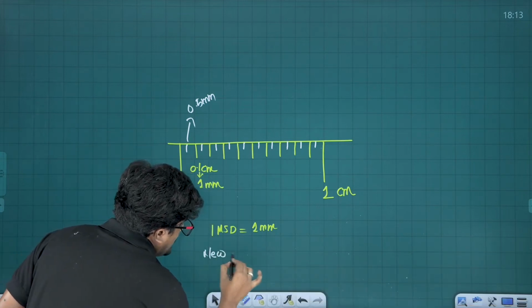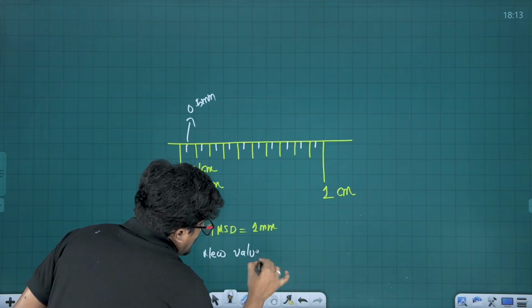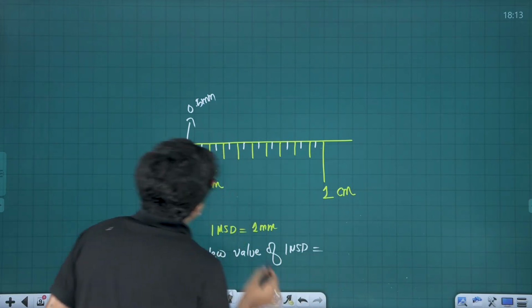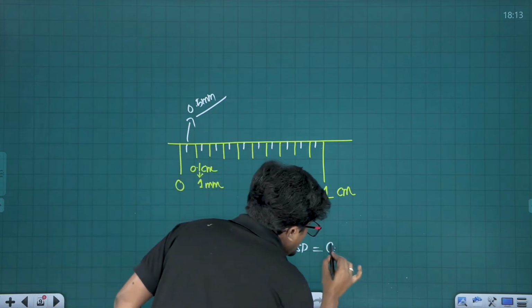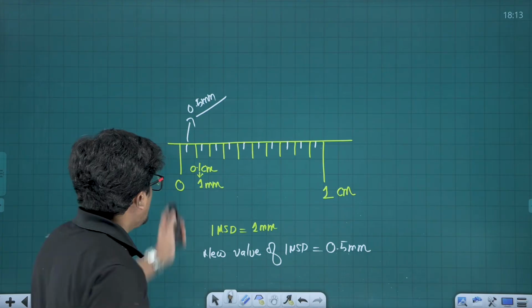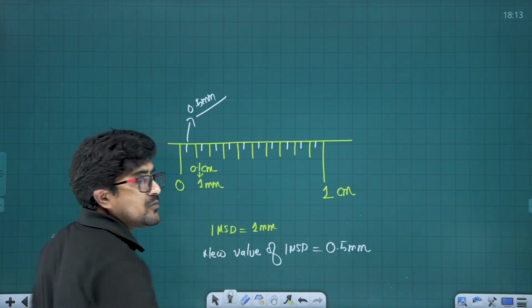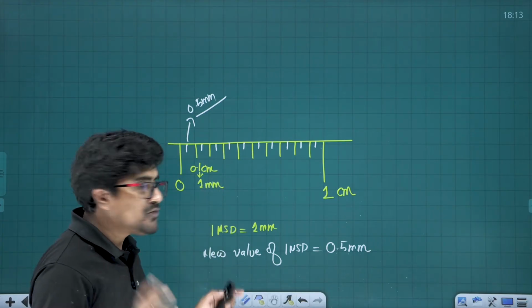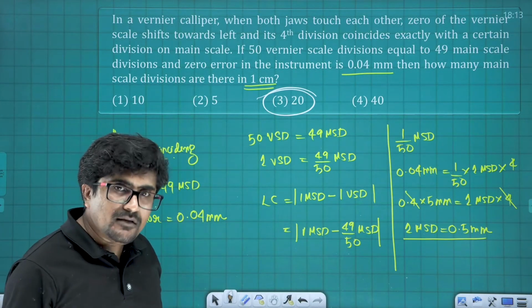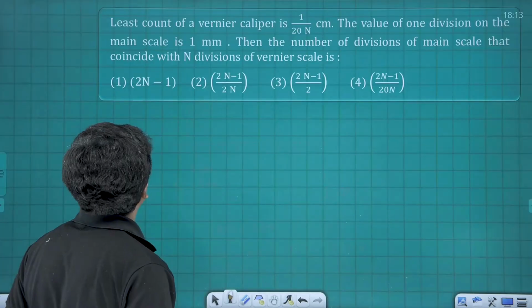So the new value of 1 MSD is now equal to how much? Dear all of you, please tell me. It is 0.5 millimeter. And tell me how many divisions are here. Earlier it was 10, now it is 20. So the answer is option 3. Was that fine? Now let's move to the next.